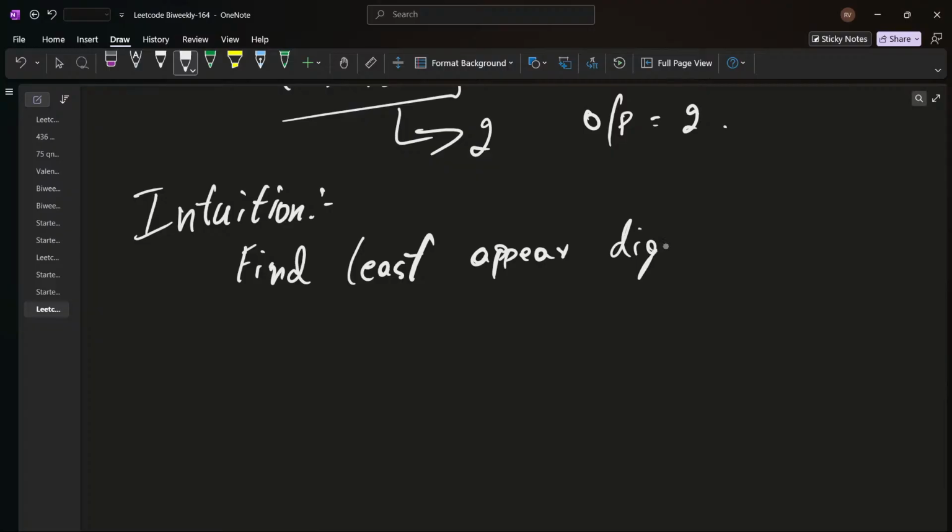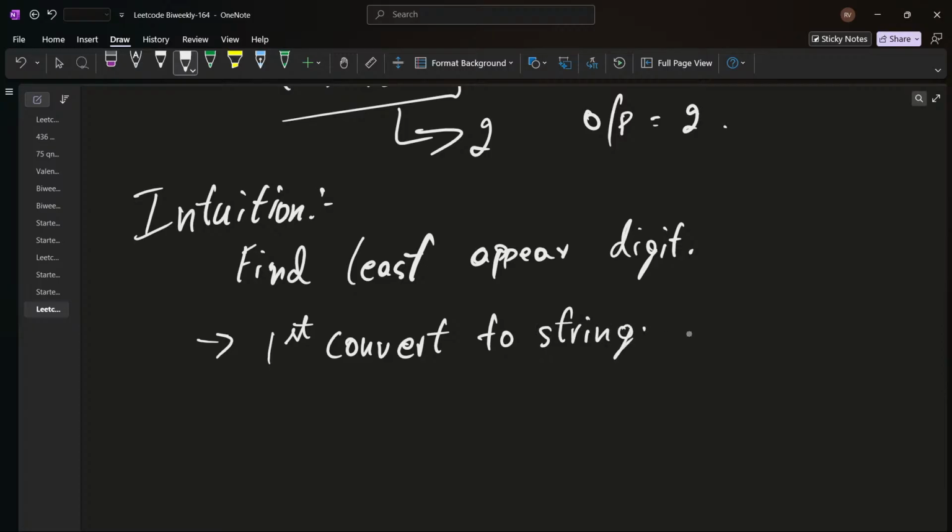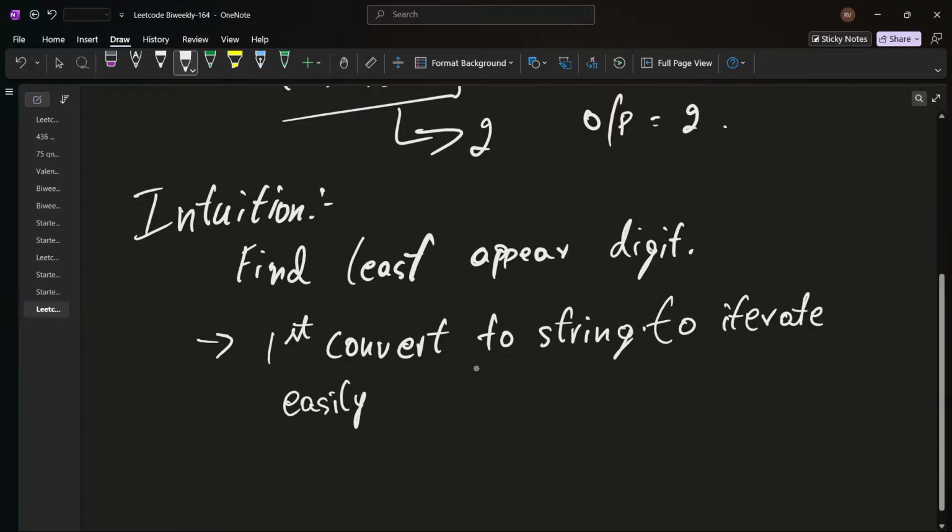What we'll be doing first is converting to a string, so we can easily iterate over the digits. Then count frequency.